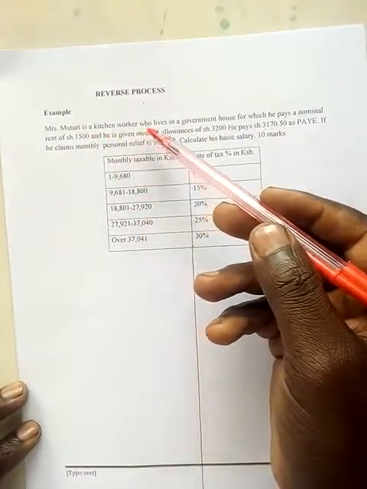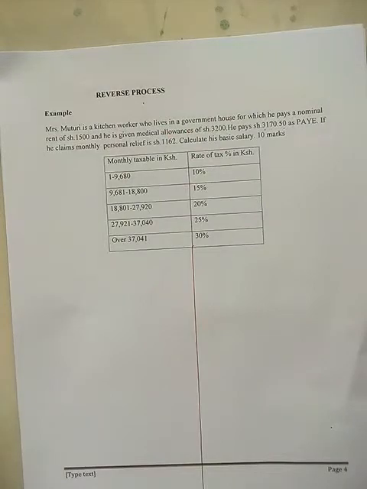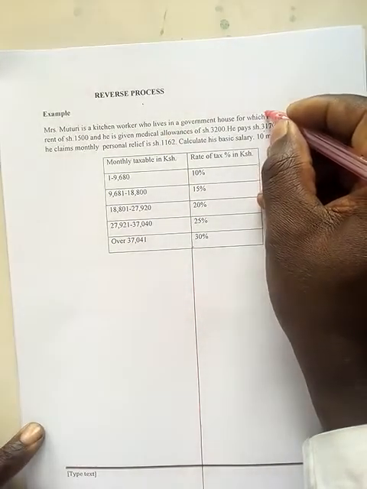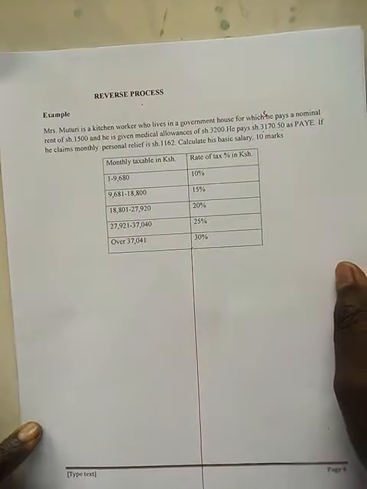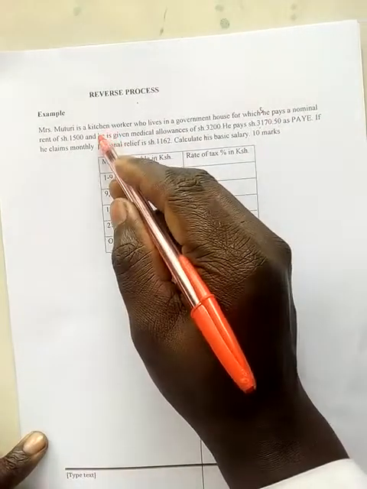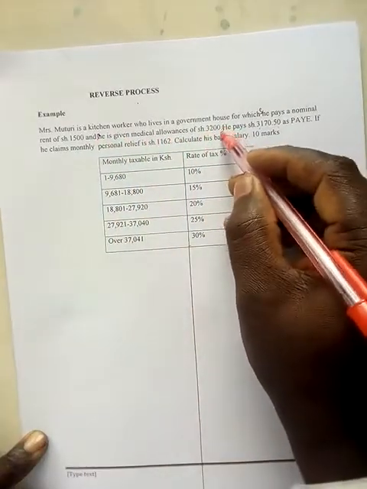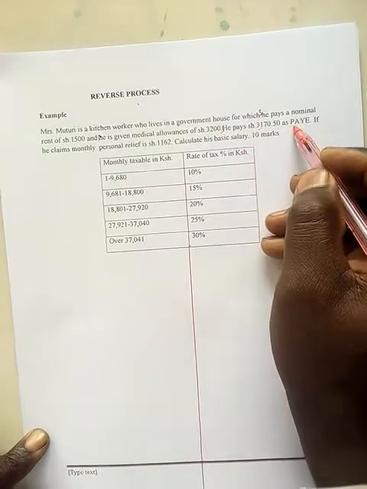Mrs. Muturi is a kitchen worker who lives in a government house for which she pays a nominal rent of Kenya shilling 1,500, and she is given a medical allowance of this. She pays this as PAYE.